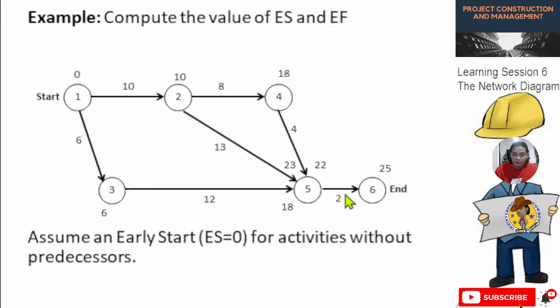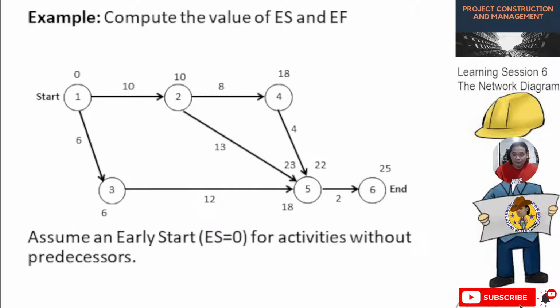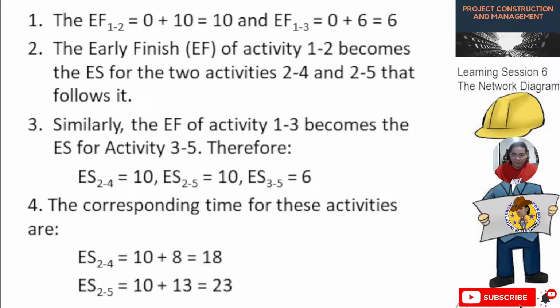So you are going forward for ES and EF. Remember that the EF is equal to ES, or early start, plus the time or the duration of the activity.